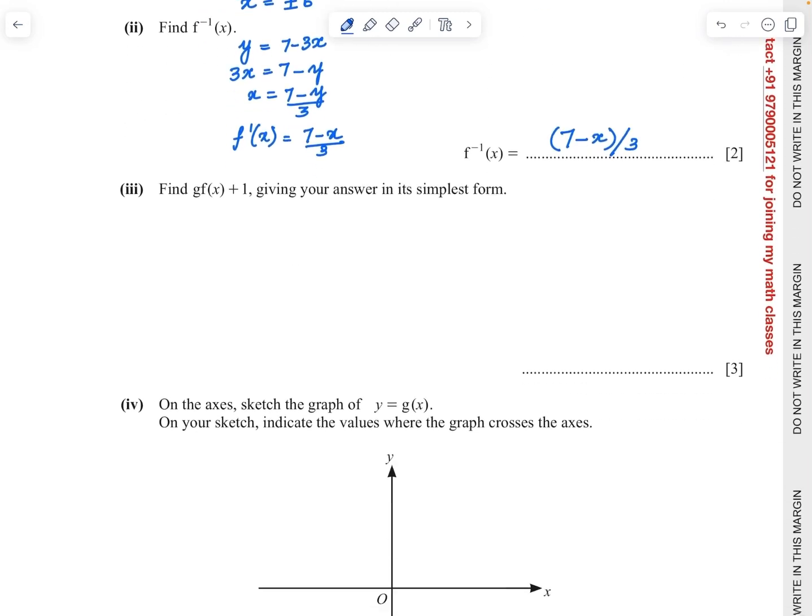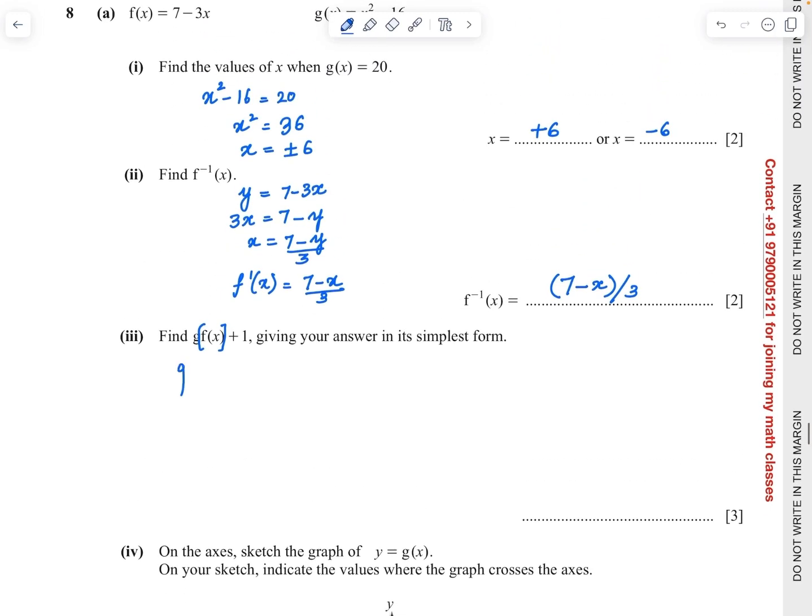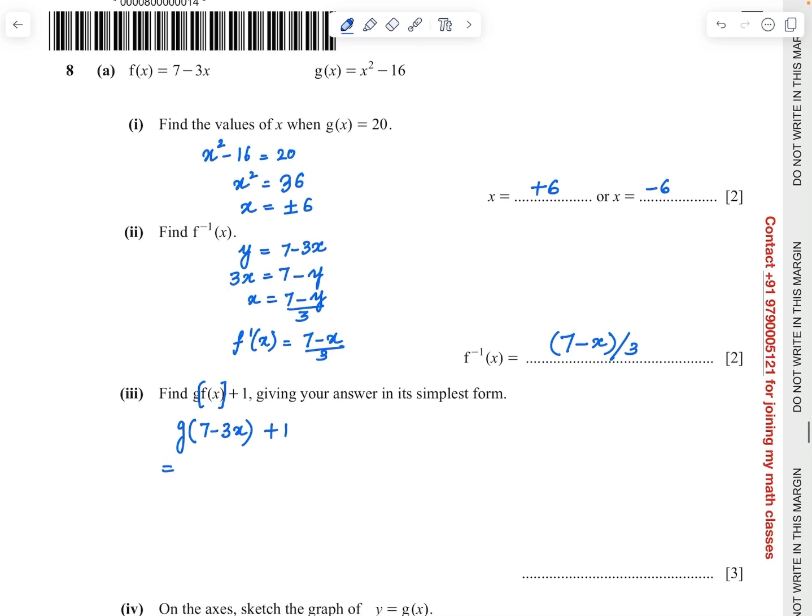Subdivision 3. Find g of f of x plus 1. So g of f of x is g of (7 minus 3x) plus 1, which means we have to substitute 7 minus 3x in the place of x in the function g.